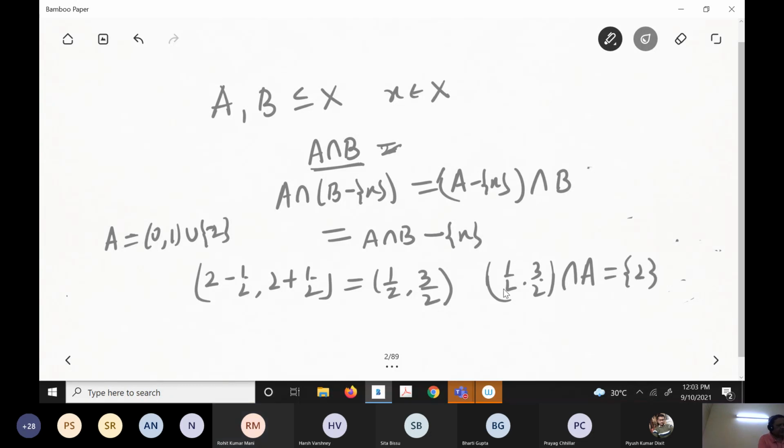So there is a difference: if you have a neighborhood whose intersection with A is only 2, it doesn't contain a point other than 2.